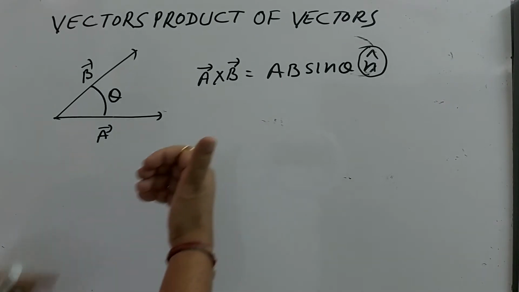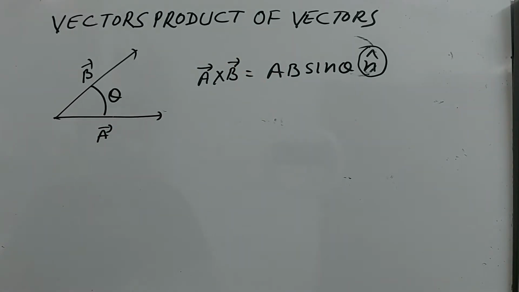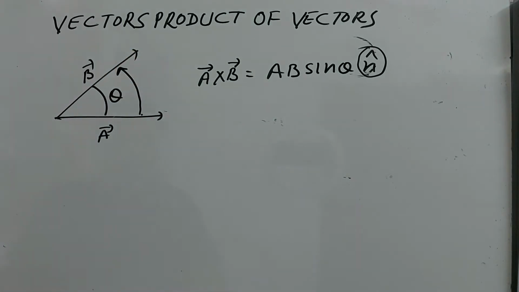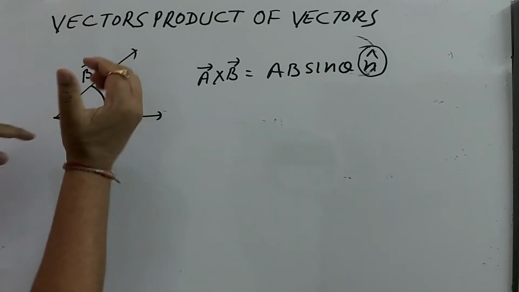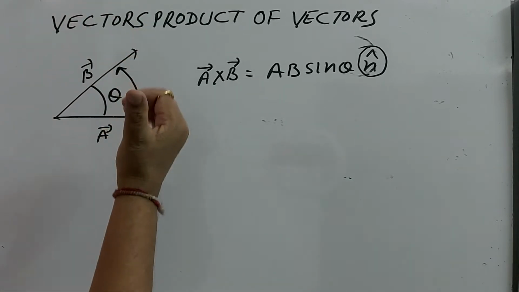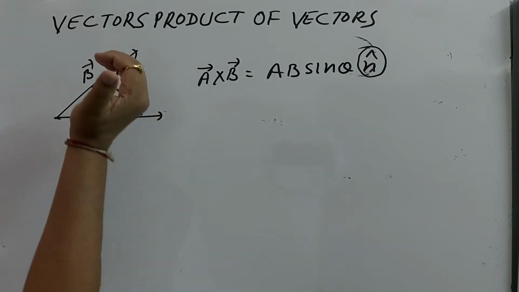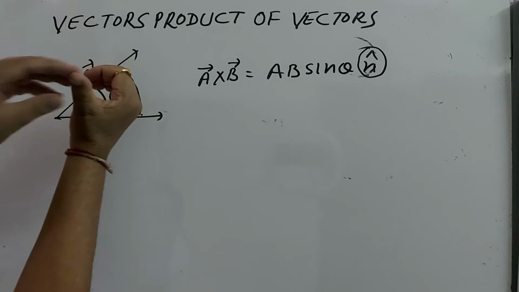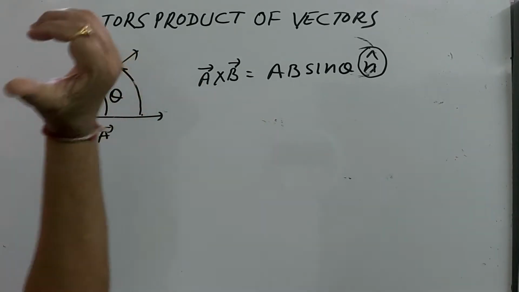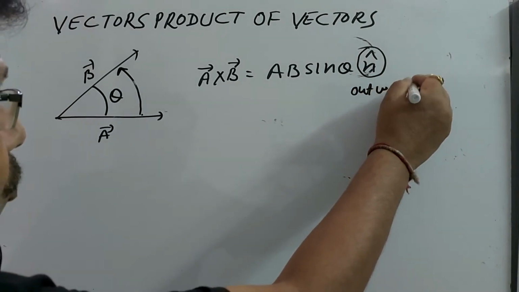Suppose we have to find A cross B, meaning we are going from A to B. Then you match your curled fingers along this, and the thumb will give you the direction of A cross B. In this case, this will be outward, perpendicular to the board and outward.